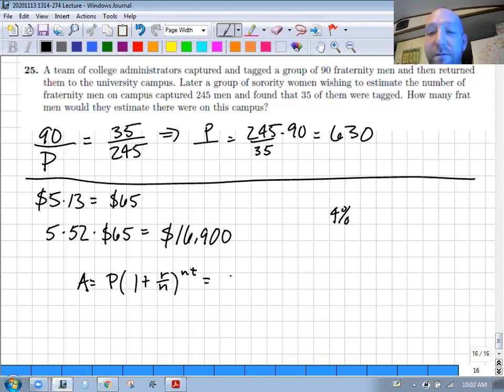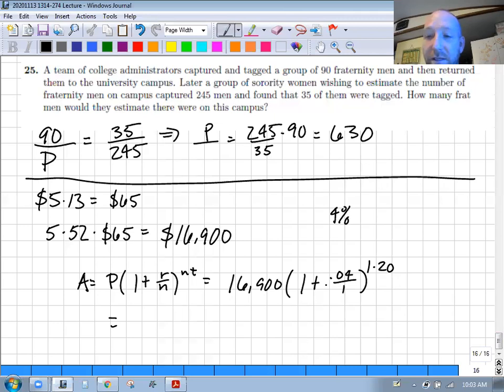college fund. So we have 16,900 times 1 plus 0.04 over 1 to the 1 time a year. We're compounding annually, so N is 1. The time is 20 years.